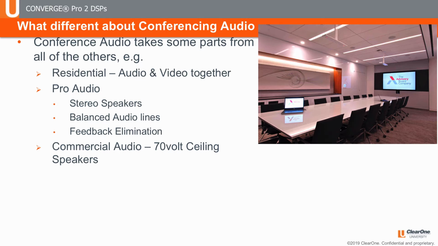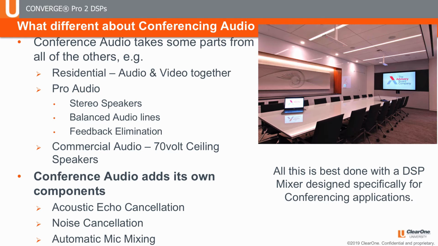Pro audio, with its stereo speakers, balanced audio lines, feedback elimination, just to name a few items. Commercial audio, with its use of 70-volt distributed speakers. However, conference audio has its own unique needs: acoustic echo cancellation, noise cancellation, automatic mic mixing. All of this and more is best done with a DSP designed specifically for conferencing applications.